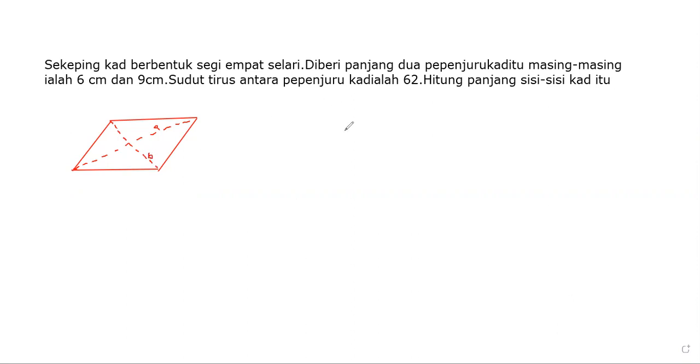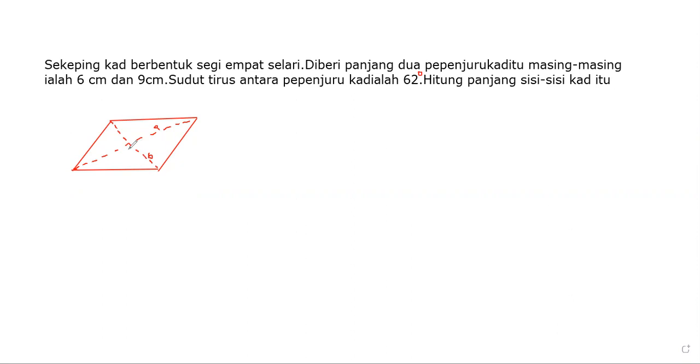Once you have this, the next thing that we know is that the angle between the diagonals is 62 degrees. This is a bit tricky because you have to figure out which is the 62 degrees. The angle between the diagonals, you actually have two angles there.